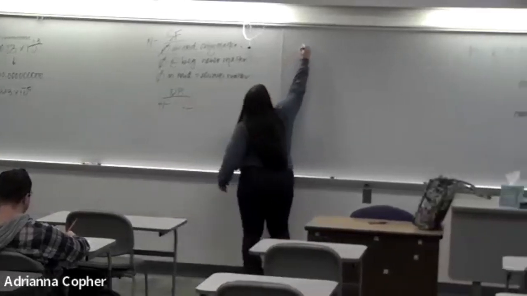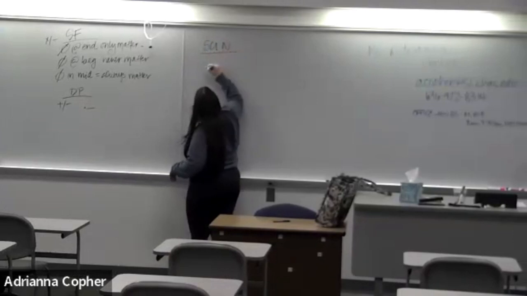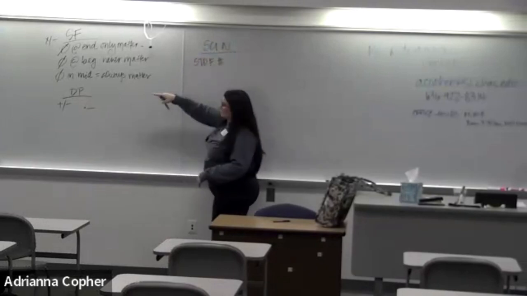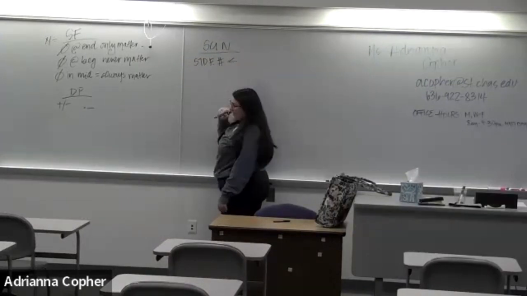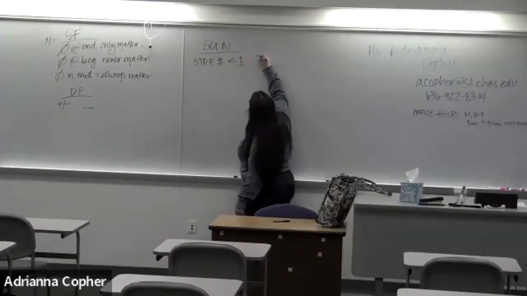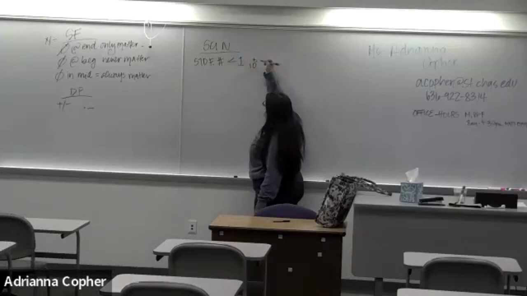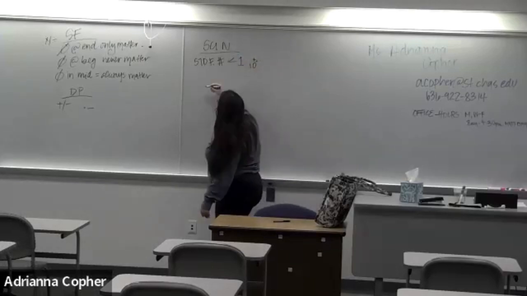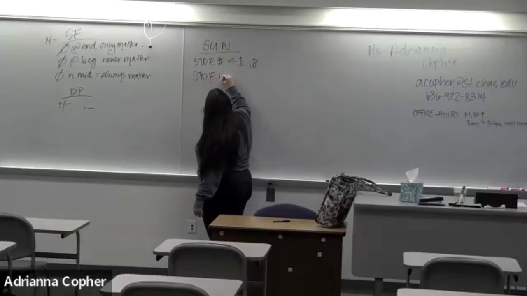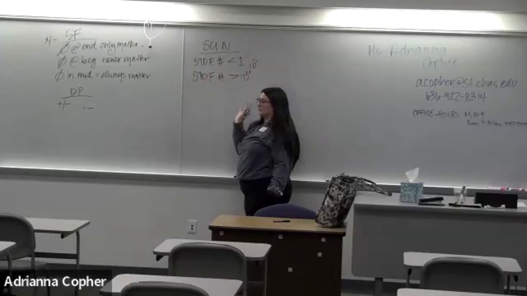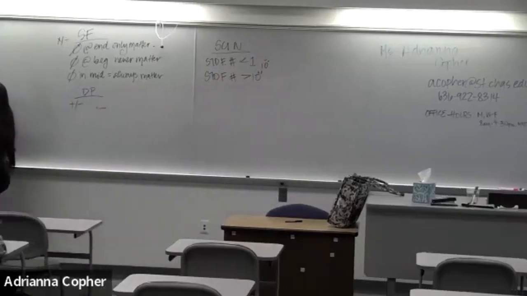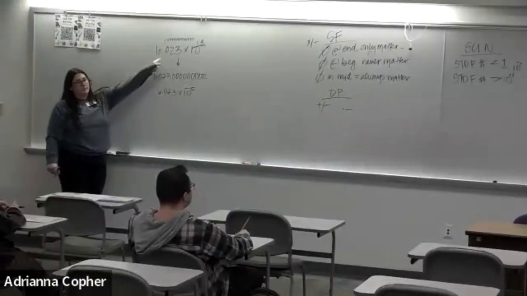When I have scientific notation, if the standard form number is less than 1, then the exponent will be negative. If the standard form number is greater than 10, that's opposite, then you need a positive exponent. If this is positive, it means it's a big number. If this is negative, it means it's less than 1.